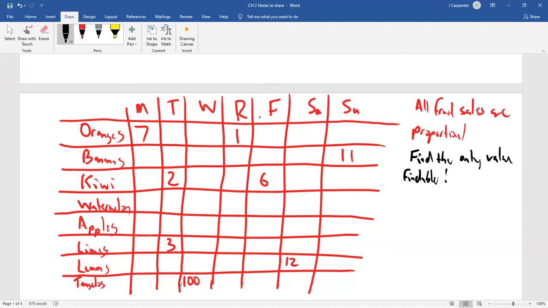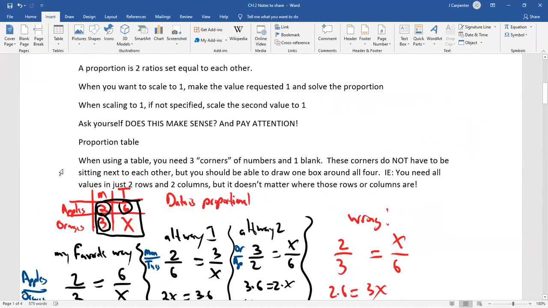And what we're going to do is use this idea from before. When using a table, you need 3 corners of numbers and a blank. These corners do not have to be sitting next to each other. You need completed 2 rows and 2 columns for your corners, basically. It just doesn't matter where those rows or columns are.